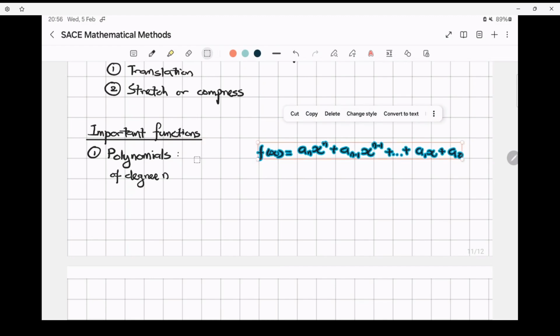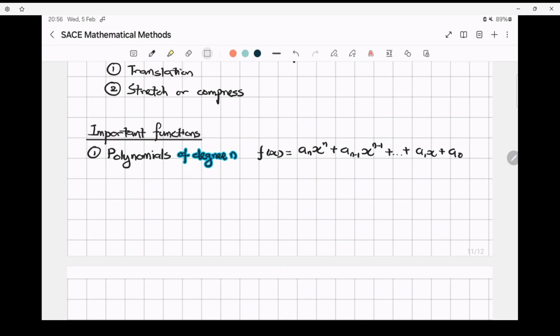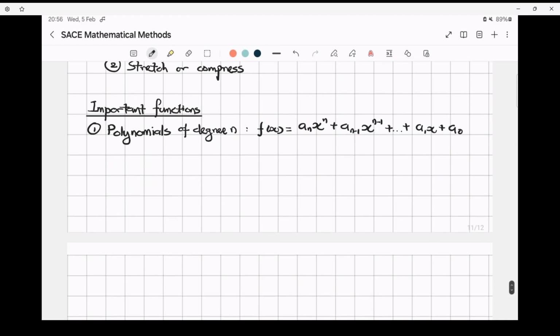So perhaps I move this whole thing to the top. Basically, you just need to know this. And of course you need to know what a quadratic function is. Sorry, perhaps I should put function. So what is a quadratic function?